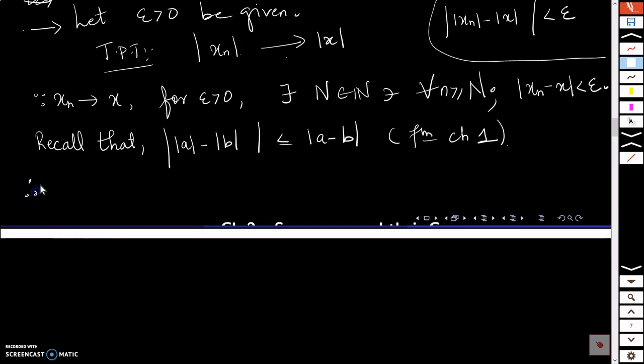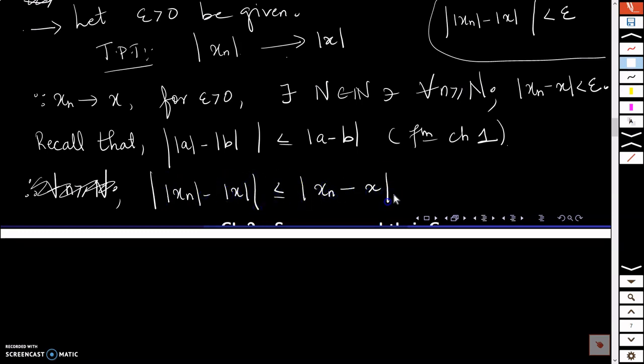So for all n bigger than or equal to this capital N, the same N which I obtained for the first convergence, modulus of xn minus modulus of x is less than or equal to modulus of xn minus x. Here xn is a and x is b, and I am applying this result.